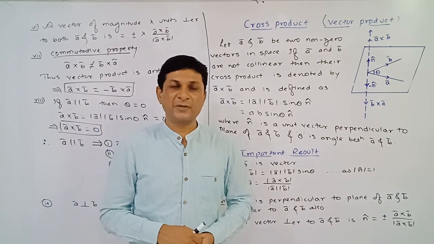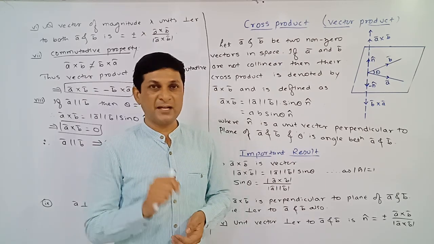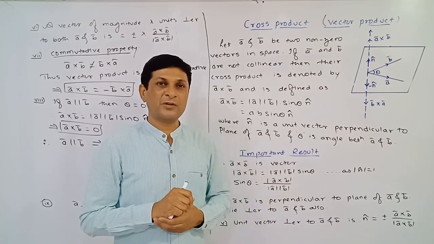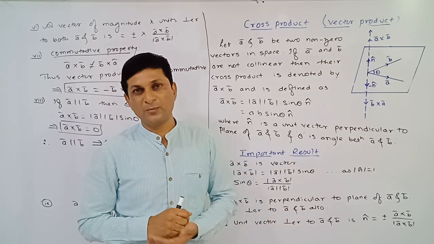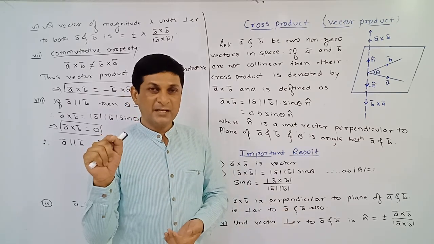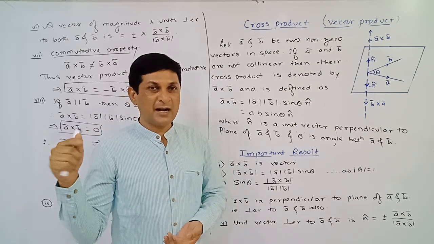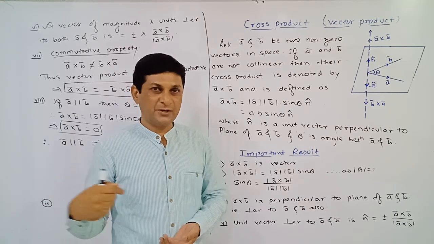Sometimes two vectors are given to us and the question is asked to find the angle between them. To find the angle between two vectors, we have already seen one formula in dot product, that cos theta is equal to a bar dot b bar upon magnitude of a bar into magnitude of b bar.